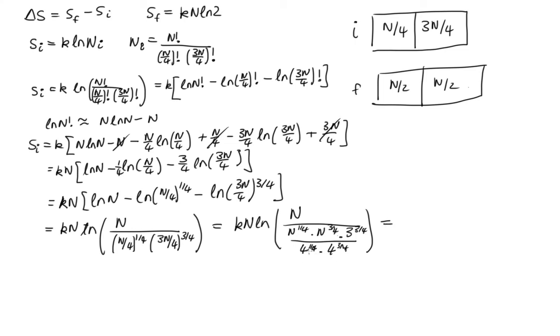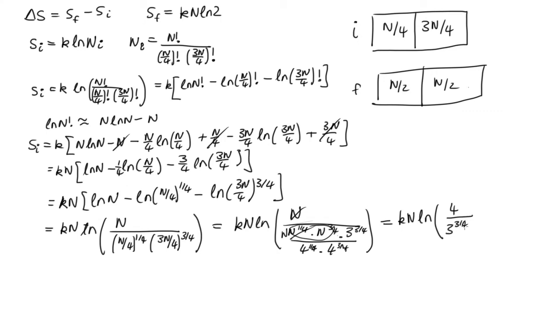Okay, so 4 to the 1/4 times 4 to the 3/4, that's just 4. And we're dividing by that on the denominator, so we can move it up to the top. And n to the 1/4 times n to the 3/4 is just equal to n, so this cancels with that. So we have kn log, this comes up to the top, that's 4, and this is over 3 to the 3/4.